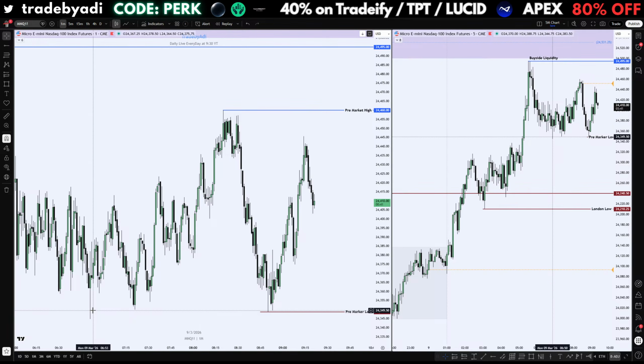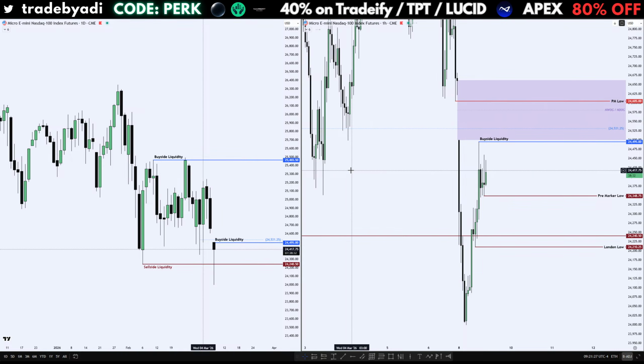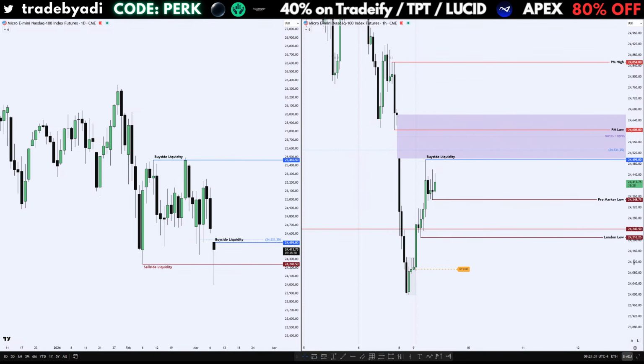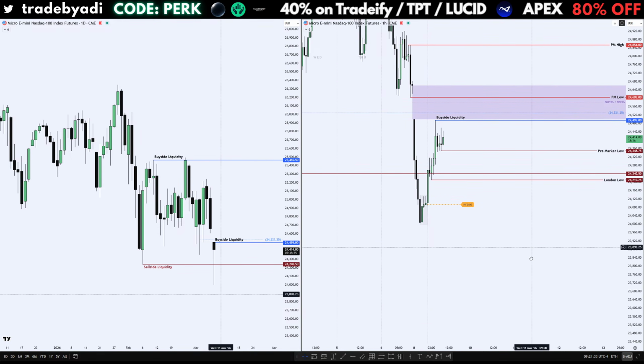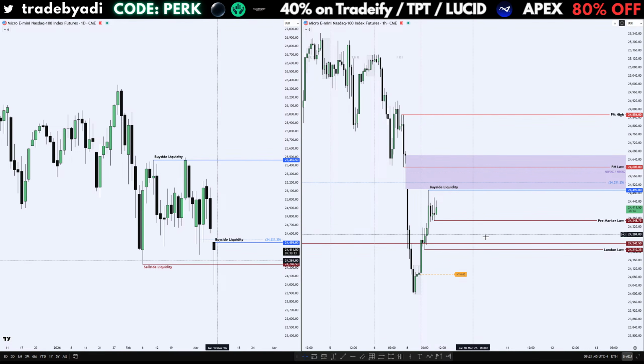It rejected from the 1 hour BC in London. On the 1 hour we have created the BPR, but the main thing is, if we flip this area, then most likely we are going to look for the PM session high. Right now, what is the nearest draw on liquidity?